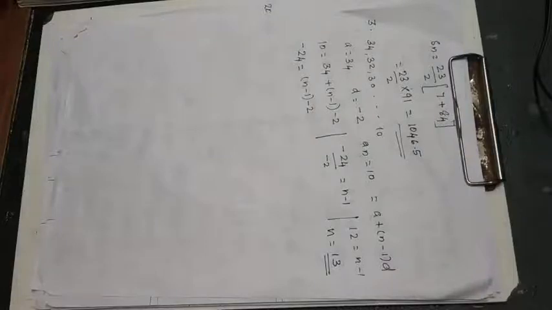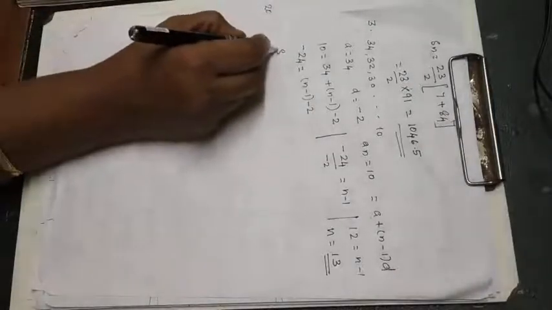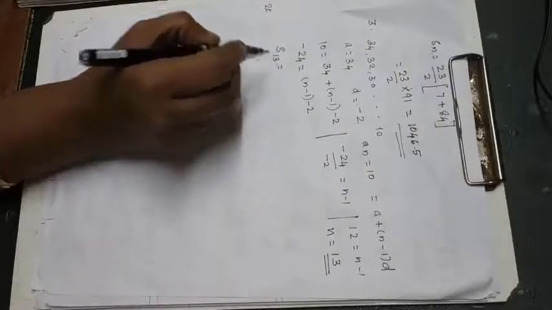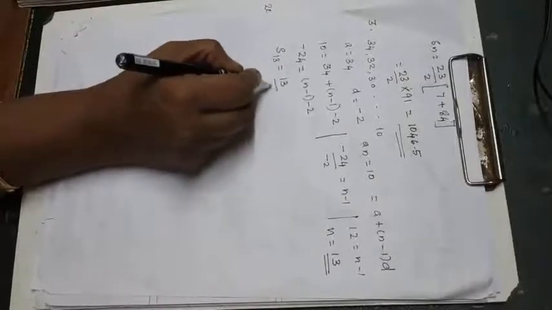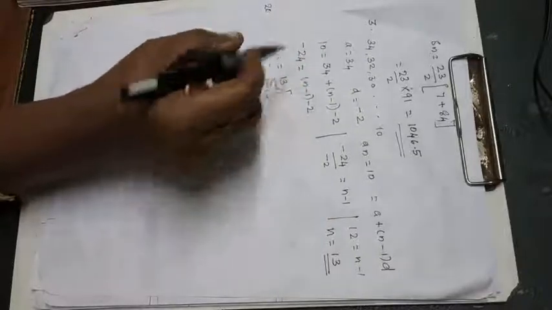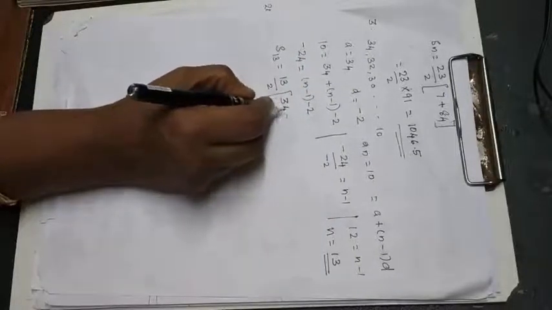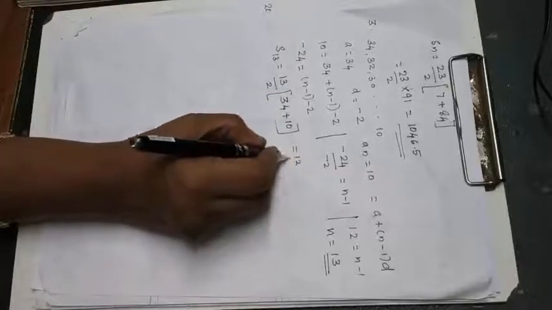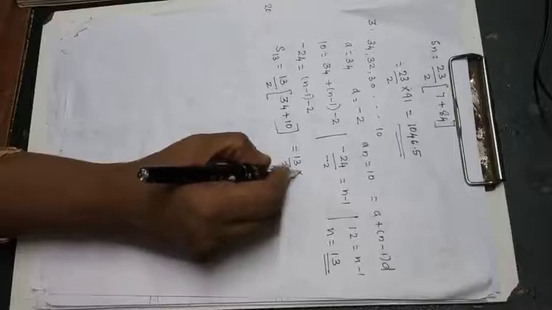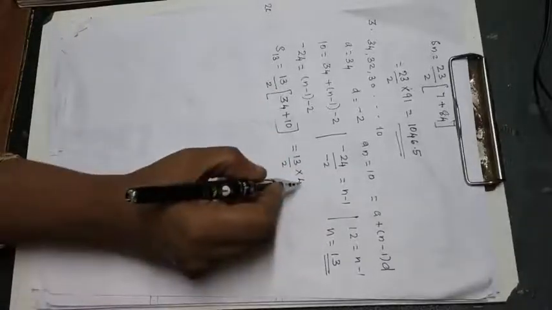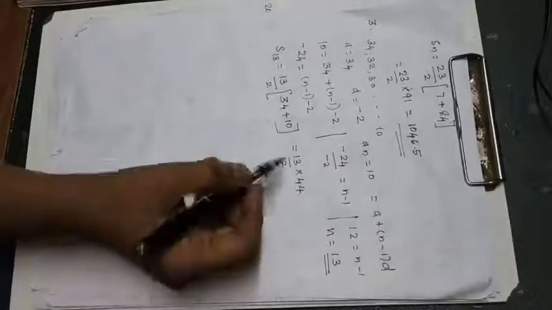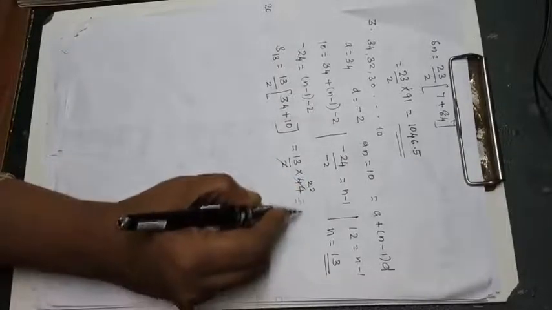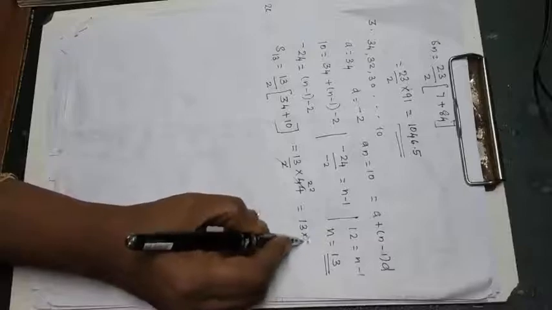Now N you got 13, so S13 you have to find out. So 13 divided by 2, A plus L. A is 34 and our L is 10. So 13 by 2 into 44, 34 plus 10, 44. Now cancel that one, 22. 13 into 22.